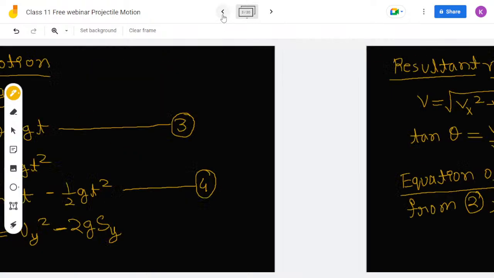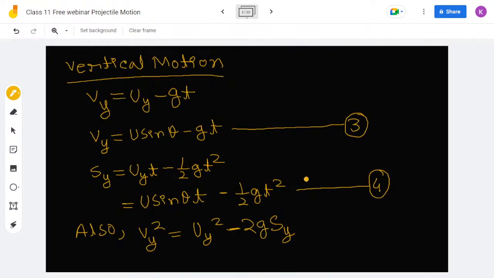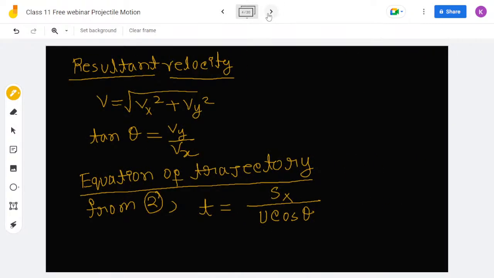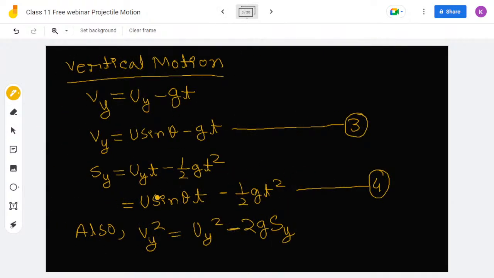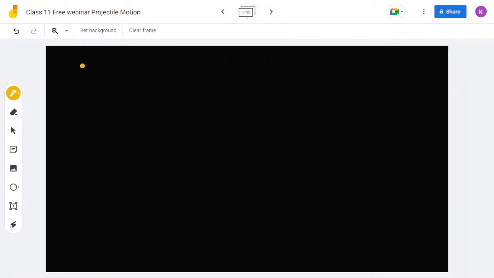Again, from equation number 4 we can see that sy equal to u sin theta t minus half gt square. So we take the value of t and put it in this equation number 4. So what happens?